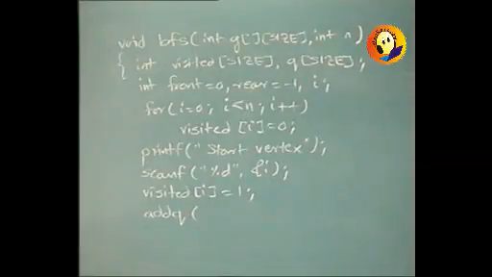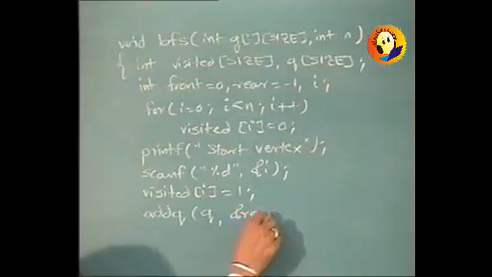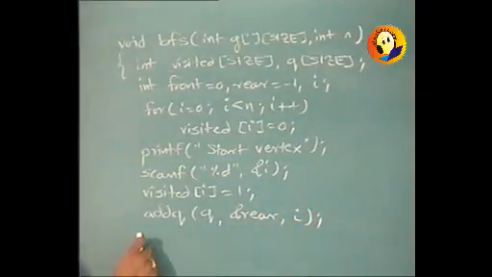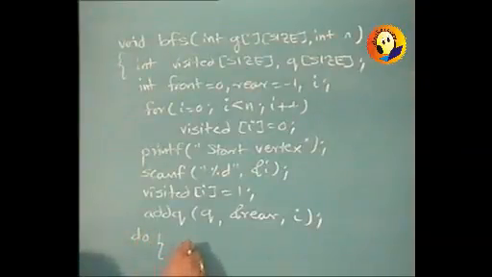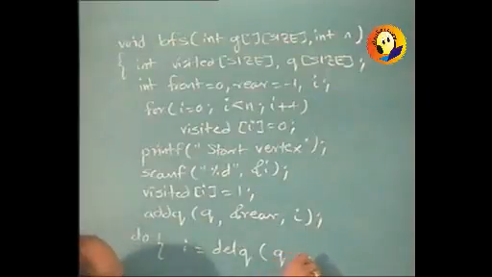Parameters are Q comma and rear comma I, and then our procedure starts. It is I equal to del Q, Q comma and front comma and rear.